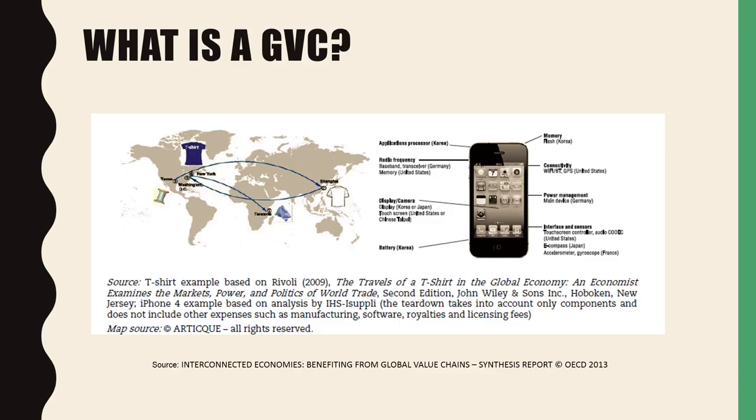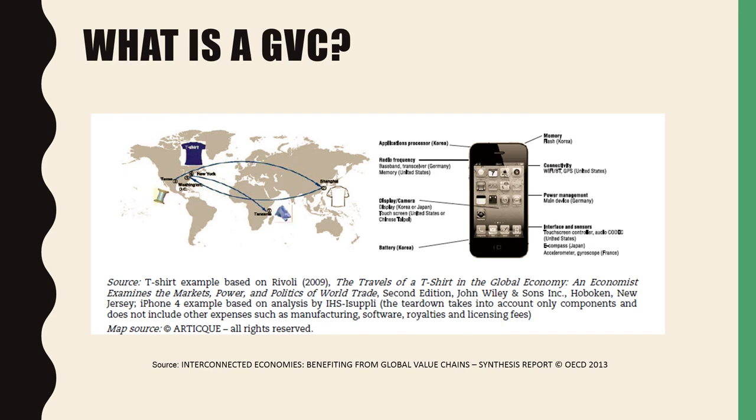Here we have another example, a smartphone. A smartphone involves more intermediate goods, or inputs to produce the product, so the process is more complicated. We can see that the components are from different countries.